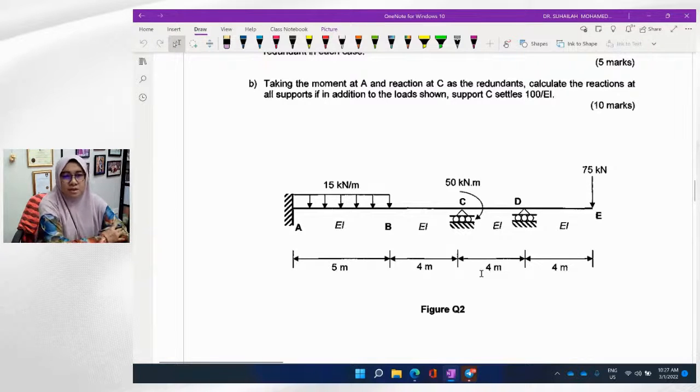We can check the degrees of freedom, because we limit the analysis up to 3 degrees of freedom, since only 3 degrees of freedom we can solve for the displacement.